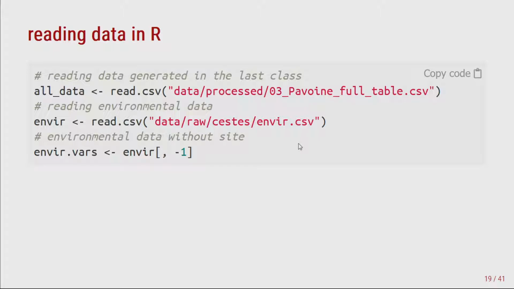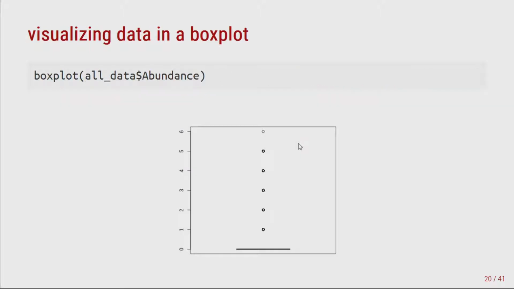I want a table only with the environmental variables, so I'm removing the site column because I want to perform a lot of things with the variables only and not with the site column. So this was what I was talking about. Here I have a box plot of the abundance data. I cannot see the box plot. This is not wrong. This is because the distribution is definitely not normal, okay?